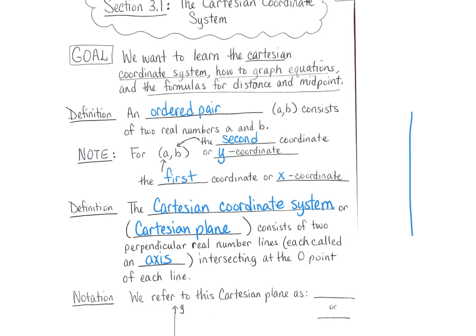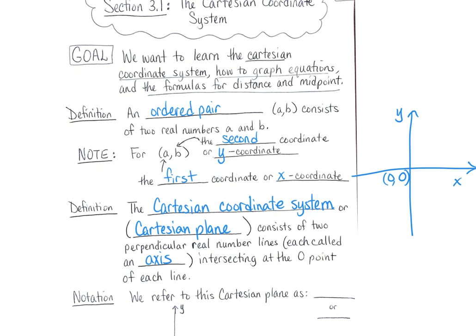So you would have this: perpendicular real number lines intersecting at 0. But because we're talking about ordered pairs, this is (0, 0). This is our x-axis. This is our y-axis.